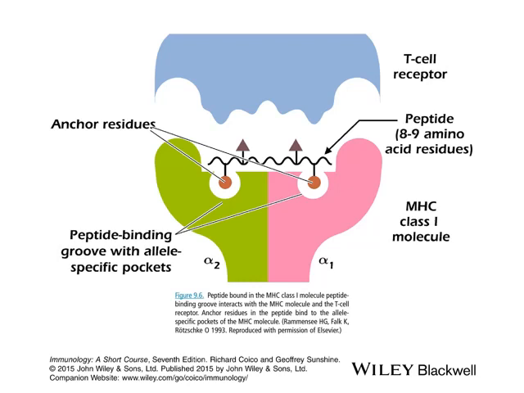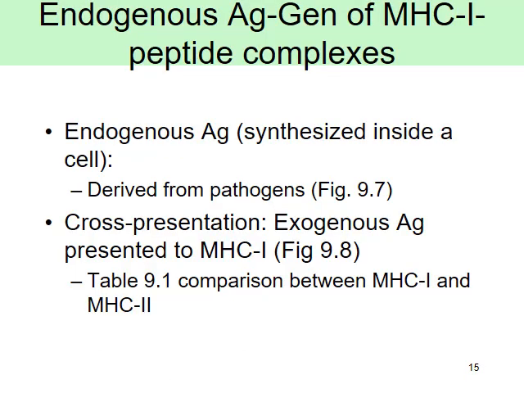So MHC class 1 is smaller than MHC class 2, and you have to break the antigen apart into small 8 and 9 pieces. That's what we do in vaccination. We take the chunk, put it in 8 to 9 amino acids, and give it to you, so your cell presents it to your T cell for a good immune response. So with MHC class 1, you see alpha 1, alpha 2, we have these residues, and then it goes to a corresponding T cell receptor on the top.